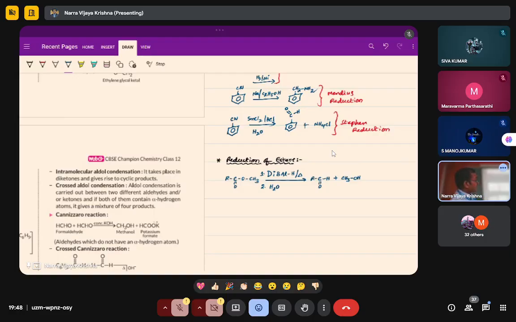What is Bouveault-Blanc reduction? Esters reduced with sodium and ethyl alcohol form alcohols. We call it Bouveault-Blanc reduction. So I'm repeating again.